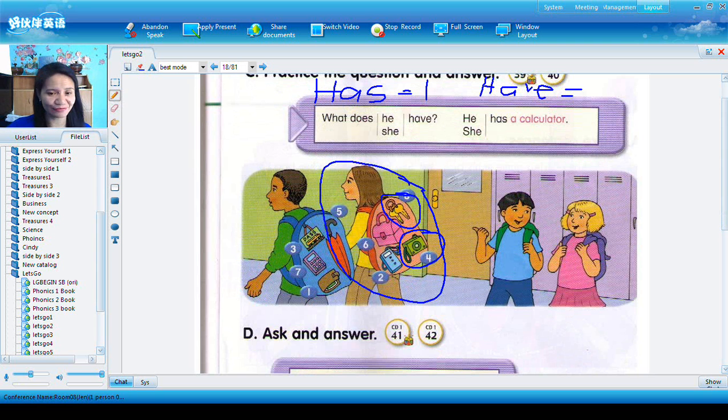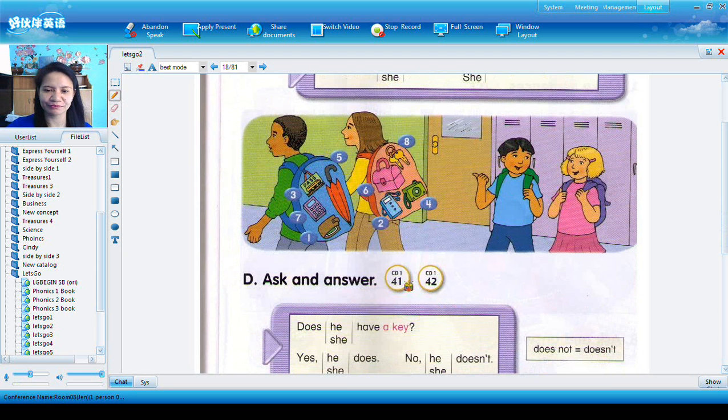What does she have? You'll say, she has a lunchbox. She has a music player. All right, that sounds good. Now, let's have a review.